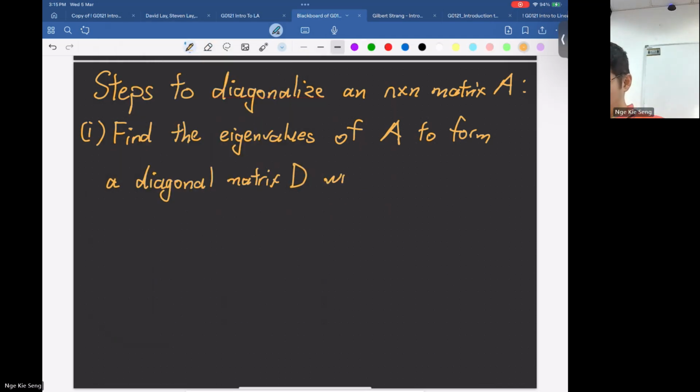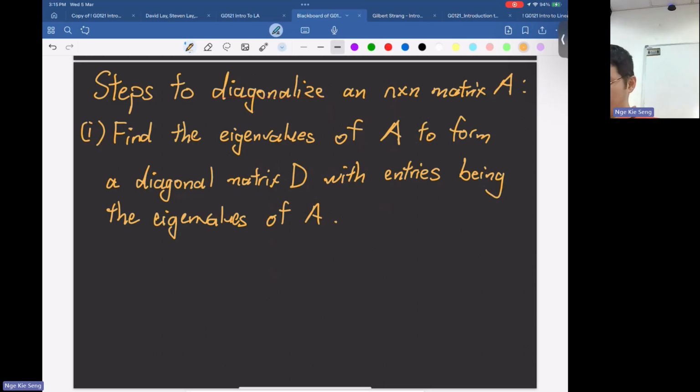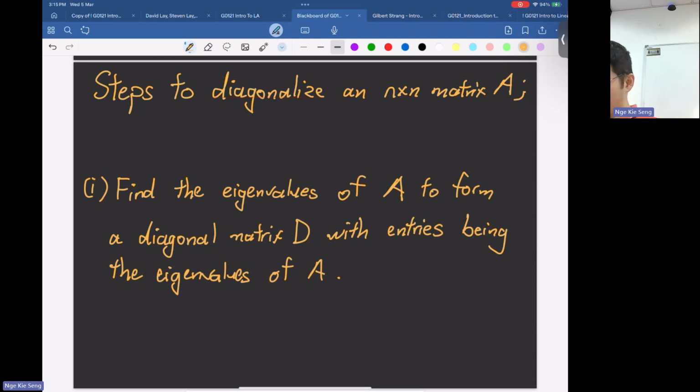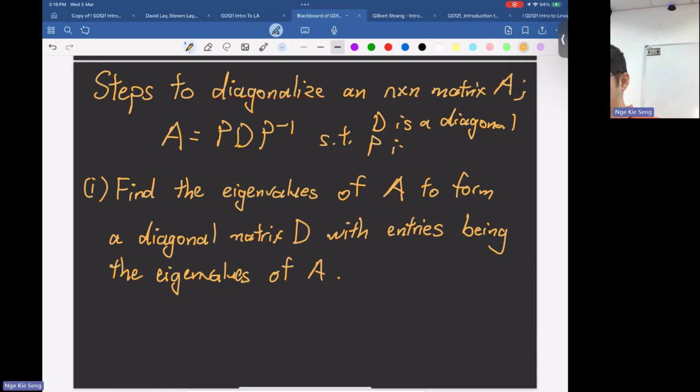So what am I doing here? If you forgot what diagonalization means, we want to write A equals PDP inverse, such that D is a diagonal matrix and P is invertible.